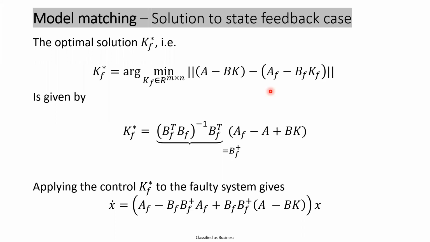Exact, as I said, is usually not achievable, but at least we can do our best, and our best would be to select KF star equal to the pseudo inverse of BF multiplied by this matrix.